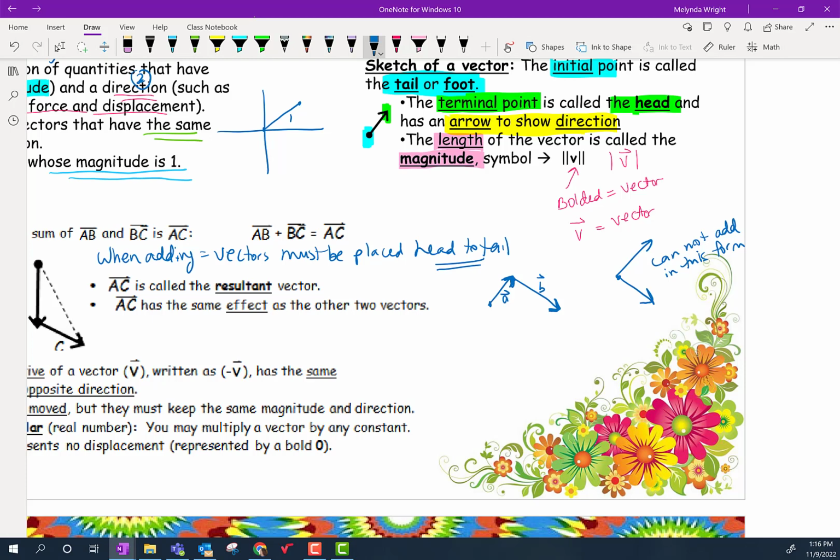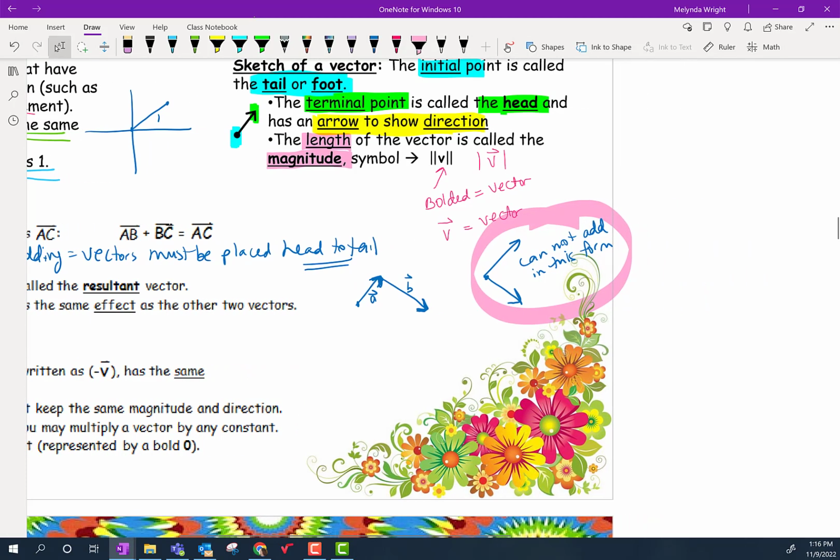Now, we certainly could fix this one over here so we could add it. We could fix that by moving. We're allowed to move vectors around. So I'm going to try to copy it. I don't know if it will work.